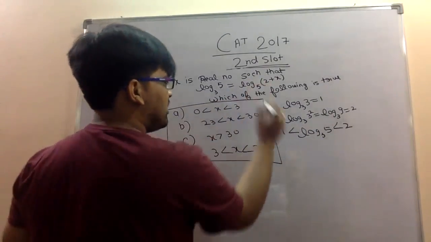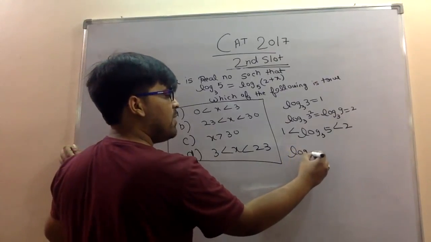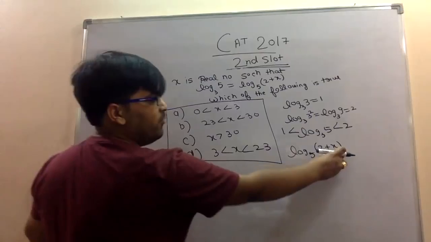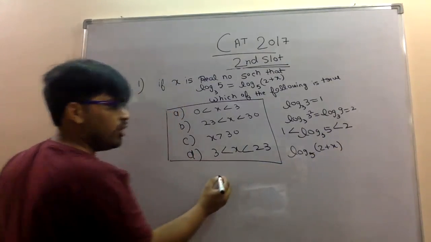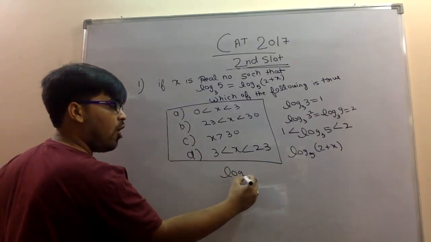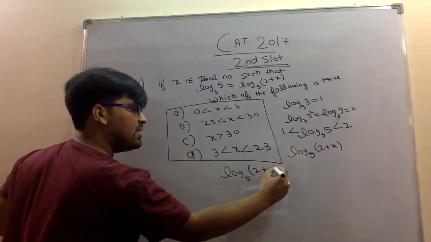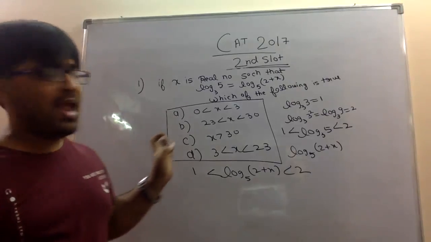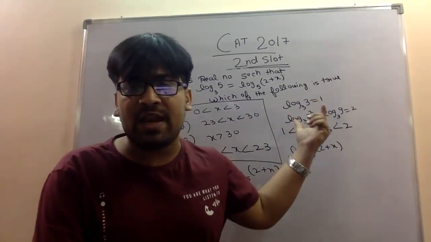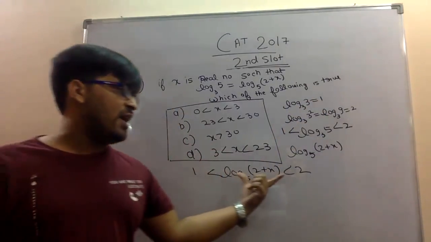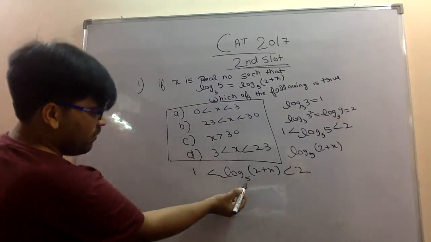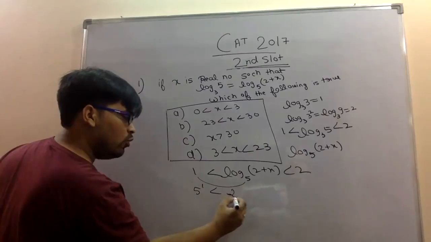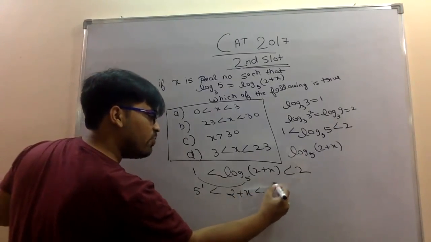log base 5 of 2 plus x, log base 5 of 2 plus x जो है, this should also vary from 1 to 2, because अगर तुम्हारा LHS 1 से 2 के बीच में वैरी कर रहा है, that means RHS should also vary from 1 to 2. अब इसी को जो बेसिक हम लोग सॉल्व करते हैं, this will be 5 to the power 1, 2 plus x, and 5 to the power 2.